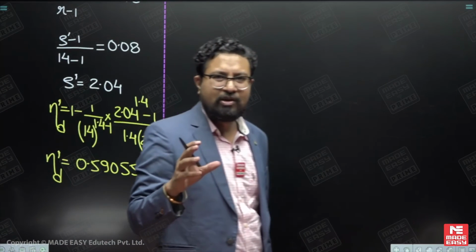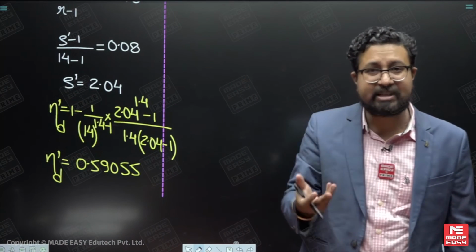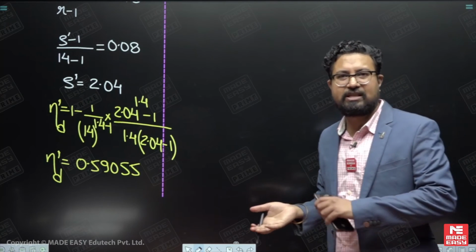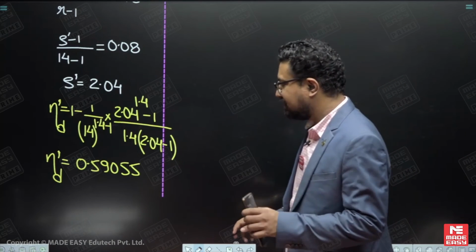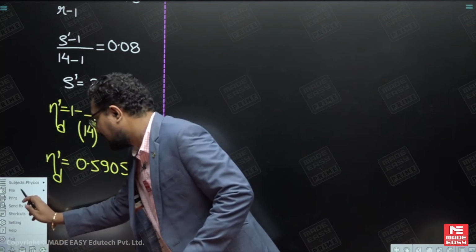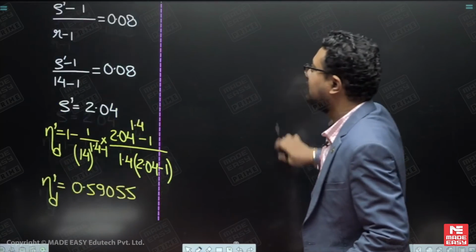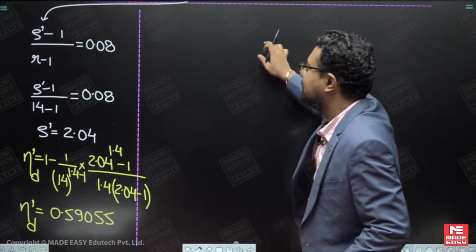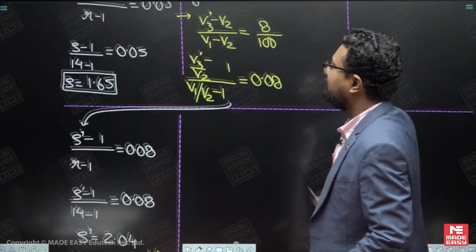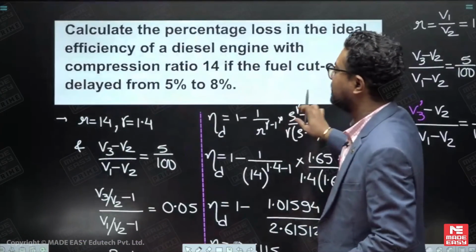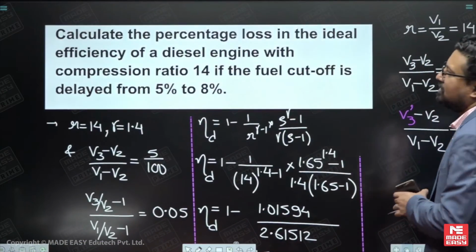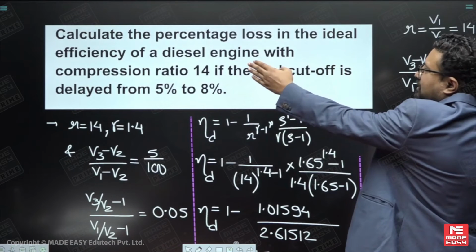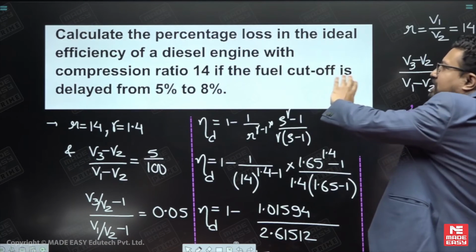So we have the changed efficiency, which is obviously lesser than the initial value. Now we have to find out the percentage change. They have asked to calculate the percentage loss in the ideal efficiencies.